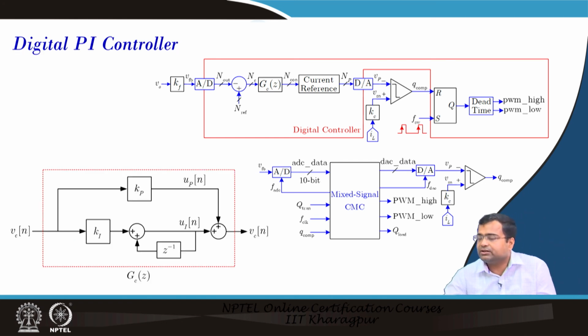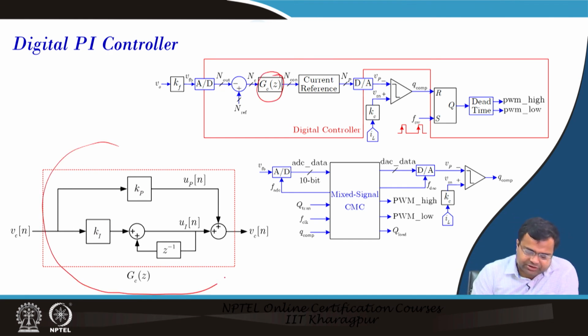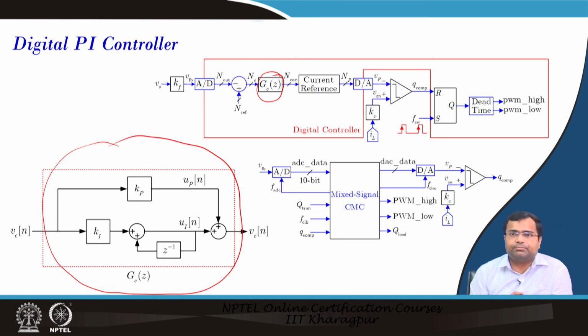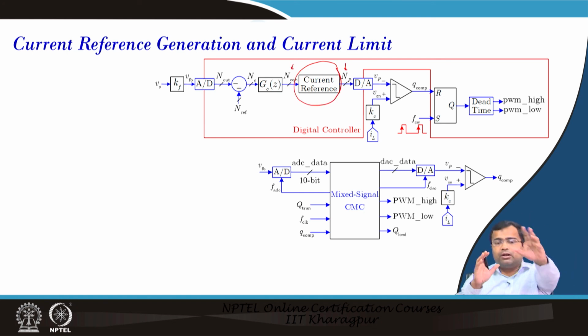So, clock division. Then we need a digital PI controller. Here we are using a digital PI controller, and we have discussed this structure earlier. How does the digital PI controller look? Then we also need a current reference generator. What is its job? The format of NP and the format of NCON is different. First of all, there will be a size difference, so we need to resize it. We know about the Q format.